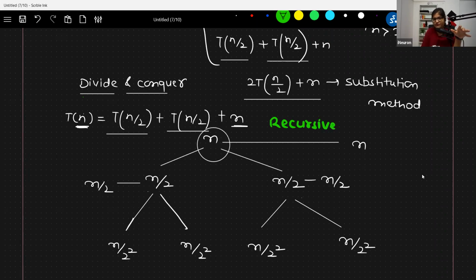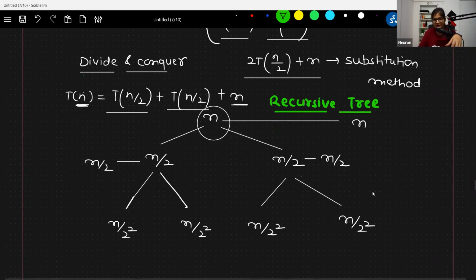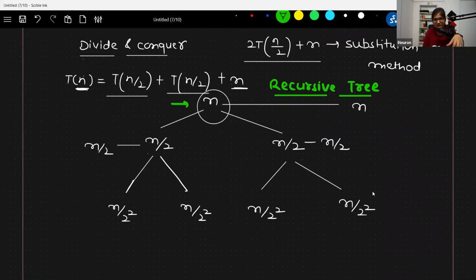Because a tree kind of structure is formed, where the starting point is called the root node in tree language. And when you go down, these are called levels. This is level number 1, level number 2, level number 3. You are going step by step down, down, down.